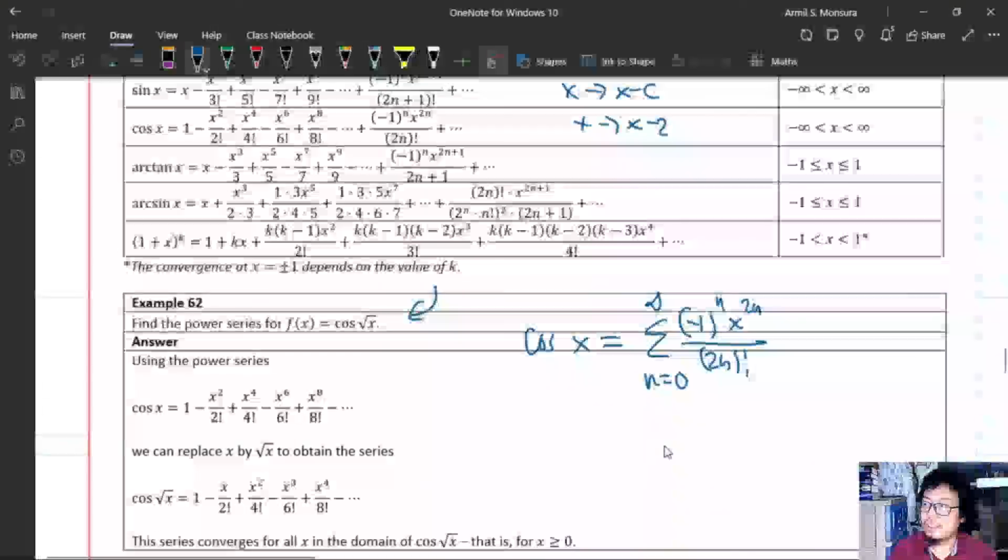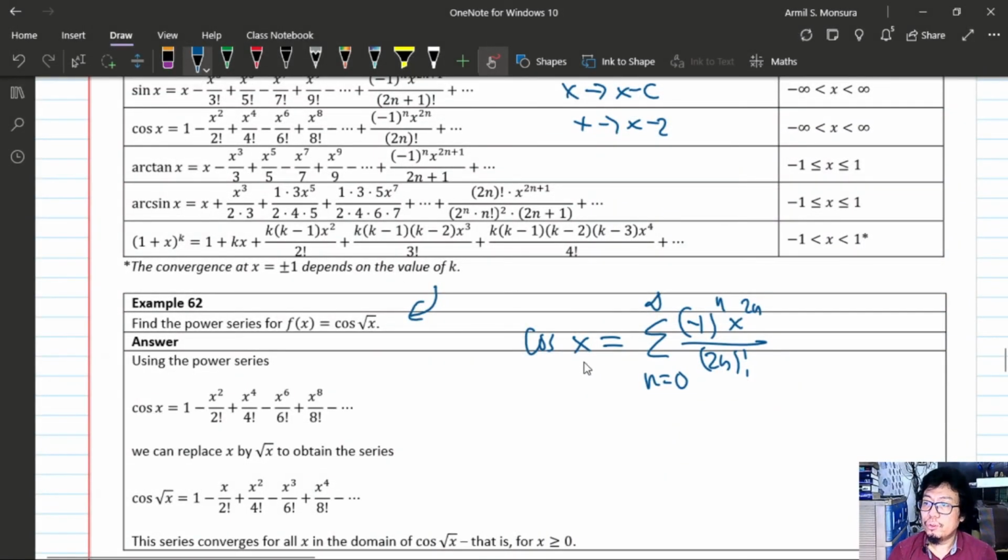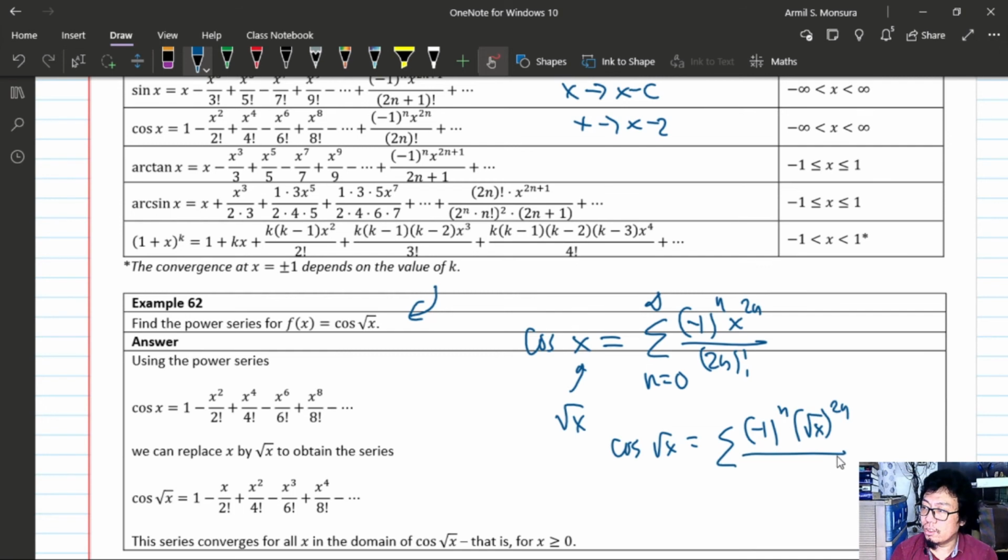Now, what we will do is replace x here with square root of x. Which means that cosine of square root of x would simply be the sum of -1 raised to n multiplied by square root of x raised to 2n, over 2n factorial, for n equals 0 up to infinity.